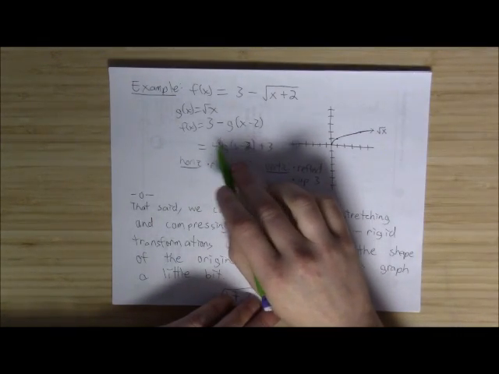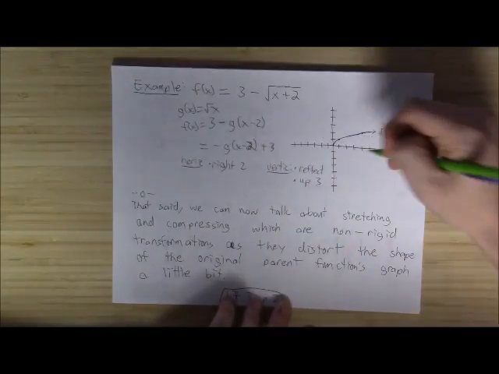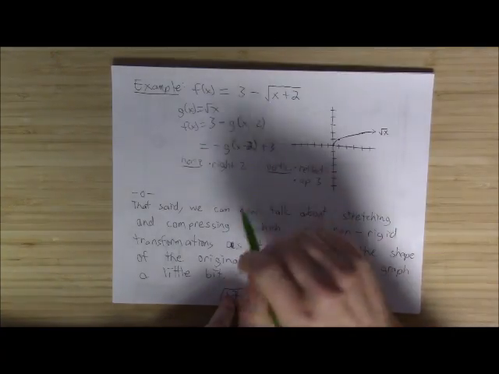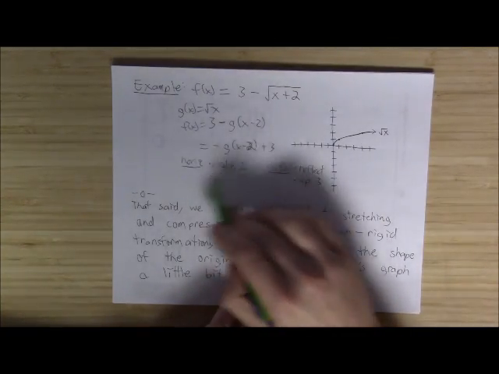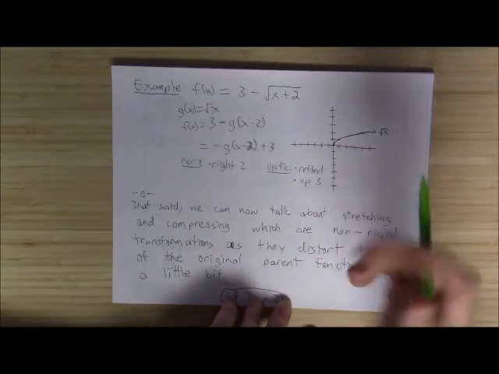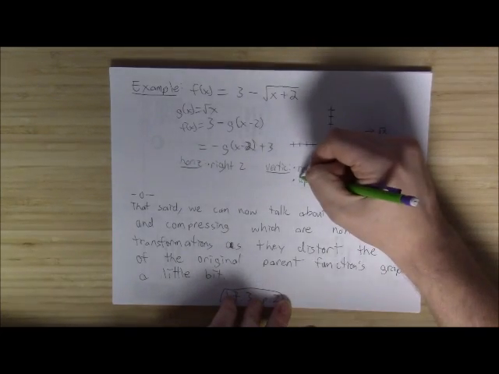Again, the negative applies first here, then you add the 3. Vertical and horizontal can go either direction. You can do all your horizontal transformations first, then your vertical ones, or your vertical transformations, then your horizontal. It doesn't matter because horizontal and vertical are separate from each other, okay?